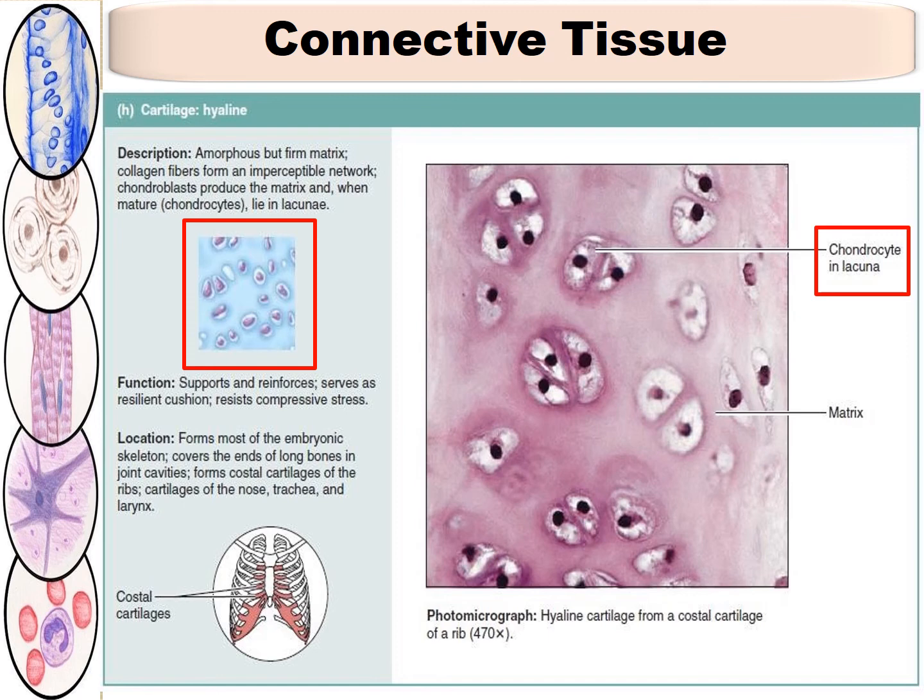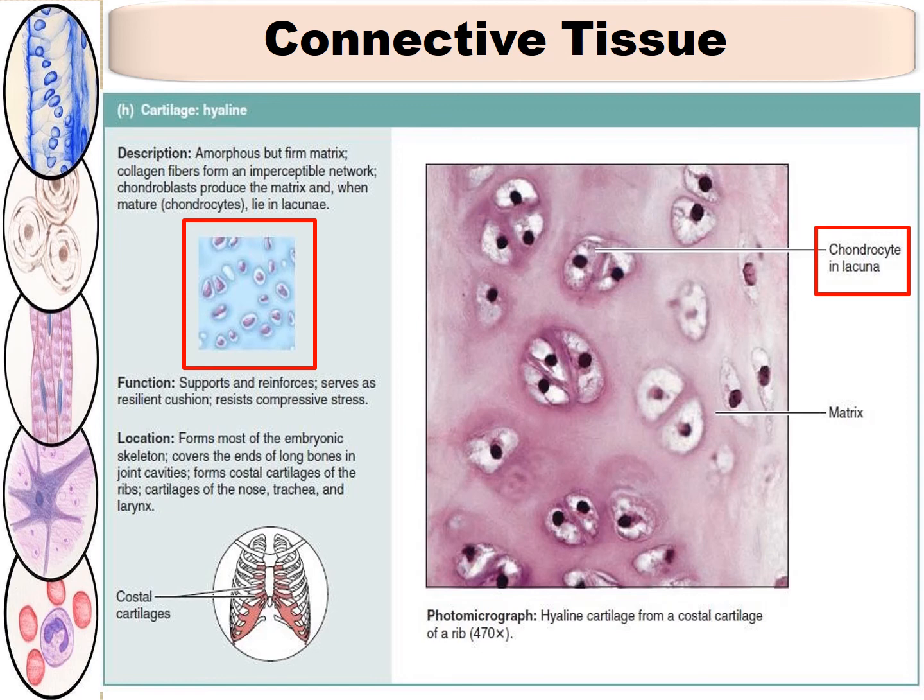It resists compressive stress. It is located in most of the embryonic skeleton. It covers the ends of long bones in joint cavities and forms the costal cartilage of the ribs.